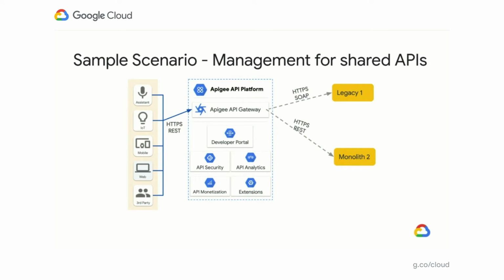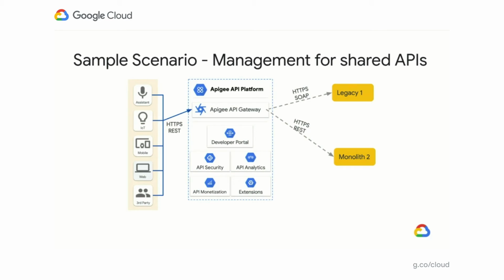Most of the enterprises have an API gateway. In this case, Apigee API gateway is a GCP offering to provide you a full-fledged SaaS offering to manage APIs. Most of the enterprises enable their services through the API layer.